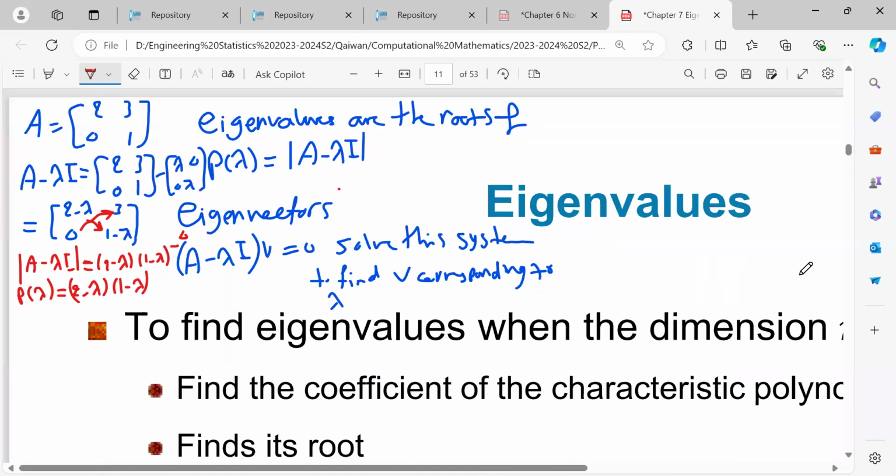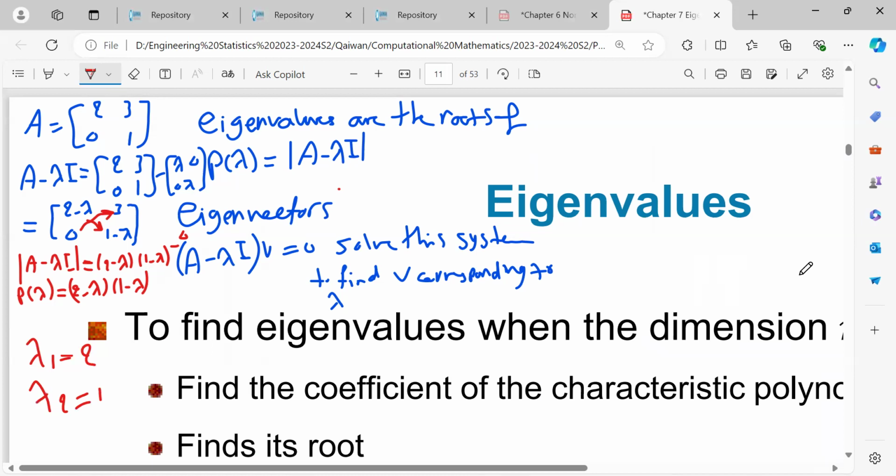So lambda 1 is 2 and lambda 2 is 1. You may say lambda 1 is 1 and lambda 2 is 2. It's not a problem. It doesn't matter which one you choose for lambda 1 and which for lambda 2. Lambda 1 is 2 and lambda 2 is 1.